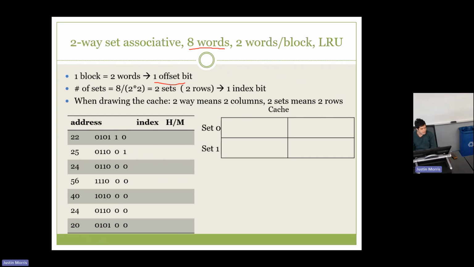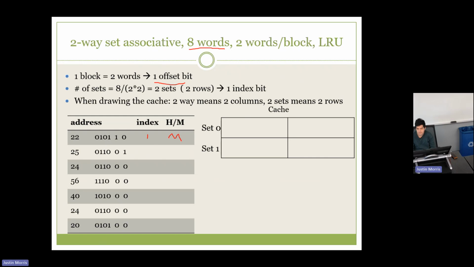All right, address 22. What is my index now? Yes, 1. Is there anything in my cache? Yes. So what goes here? Where does it go?